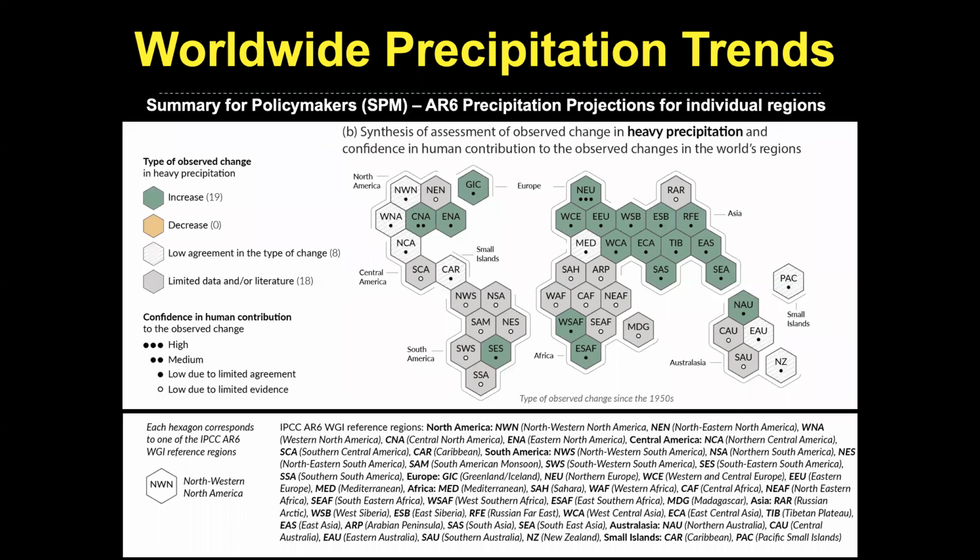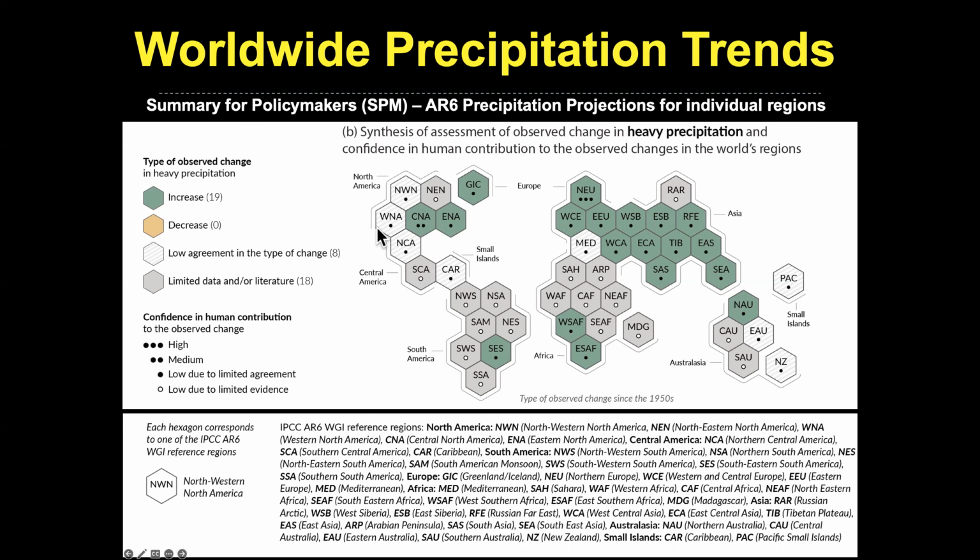This image right here is, I know, a little bit difficult to grasp. This is from the Summary for Policymakers, AR6, Precipitation Projections for Individual Regions. So this is the world you're looking at here. I know it's weird, right? So you see the different regions. Here is what SCA means: Southern Central America, SCA, get it? ENA, Eastern North America, Central North America, Western North America.